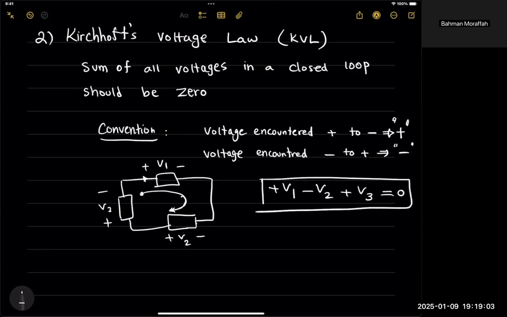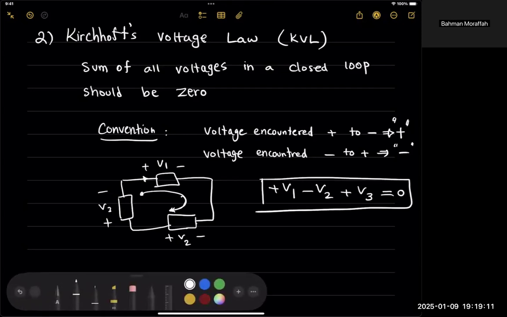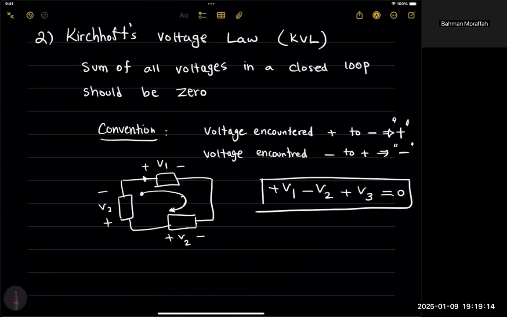One of you might ask, why did you take the clockwise direction? Can I take counterclockwise? Absolutely. Let's do that. Let's assume this is the direction that we chose. If we're over here, the first sign that we see is negative, so I have negative V1. If I get to the third element here, again the sign I have here is negative, so it's negative V3. For V2, the first sign I encounter is positive, so it's plus V2, and that is 0.